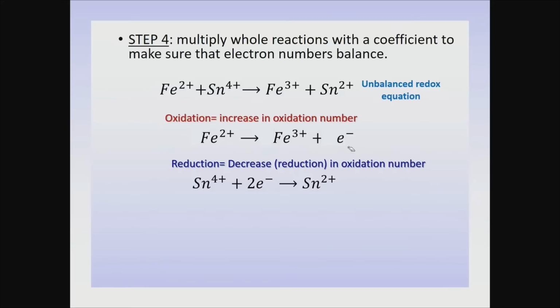Well, we take this whole iron reaction and multiply all terms, the ions and the electrons, by 2. So let me go ahead and do that here. I'm going to multiply everything by 2, and now that looks fine. Now you can see that we have succeeded in getting electron balance. We have 2 electrons here that are being released by the oxidation reaction, which are being picked up by the reduction reaction. So that went fine.